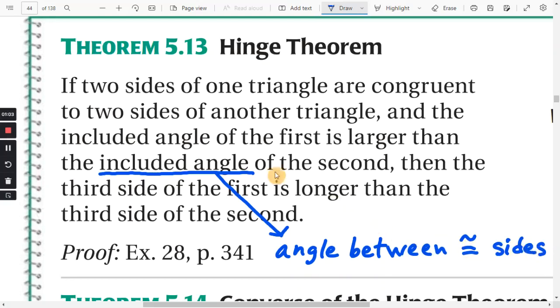All right, so we're going to have two sides congruent on one triangle and then two sides congruent on another triangle. And the included angle will be the angle in between. Let's take a look.